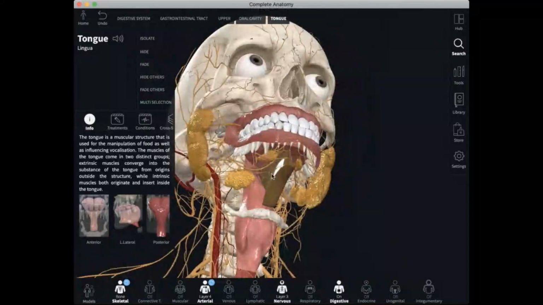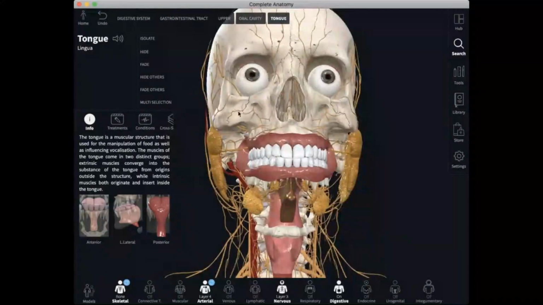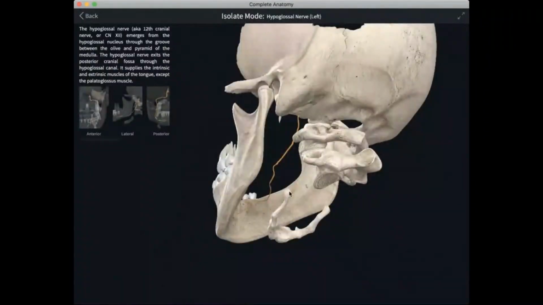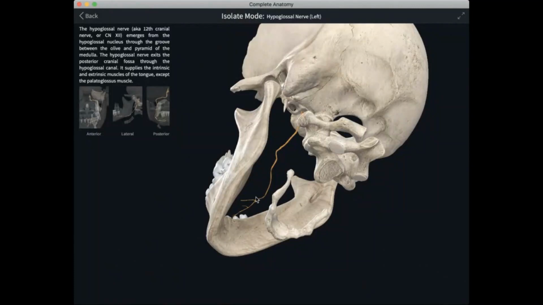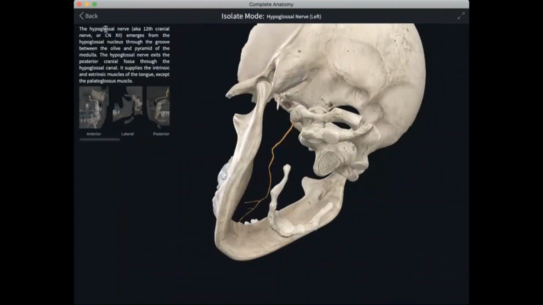What you see here is the tongue. This tongue is innervated by the hypoglossal nerve. The tongue is responsible for changing the pitch of the voice, chewing the food and all this stuff. So this is the hypoglossal nerve that is coming and distributing in and supplying the muscles of the tongue.